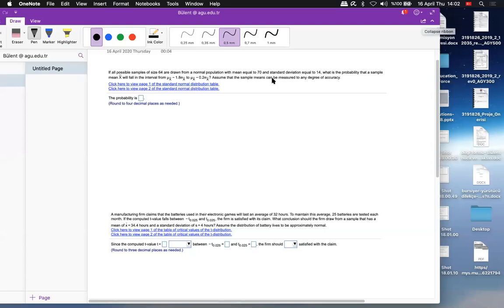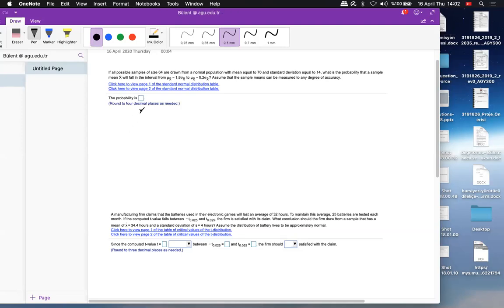Assume that the sample means can be measured to any degree of accuracy. So, arkadaşlar, you don't need this 70, 14, or 64, as you know. We did something like that before in the class. If you remember, we were doing this. Let me do this again here.